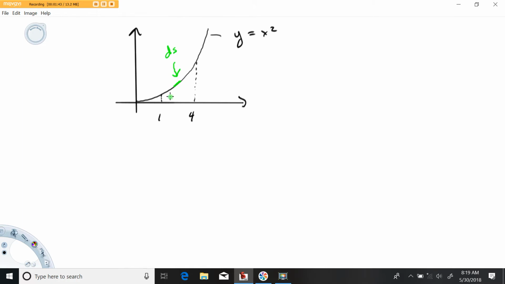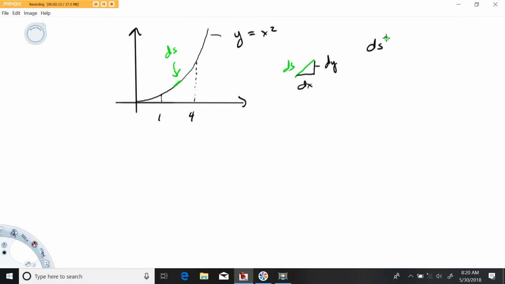Now, if I take this and blow it up here, here's my ds. What we can do here is break this down into a dx and a dy. We can make this little triangle here. And we can come up with an expression for ds by using the Pythagorean theorem, because ds is the hypotenuse of this triangle.